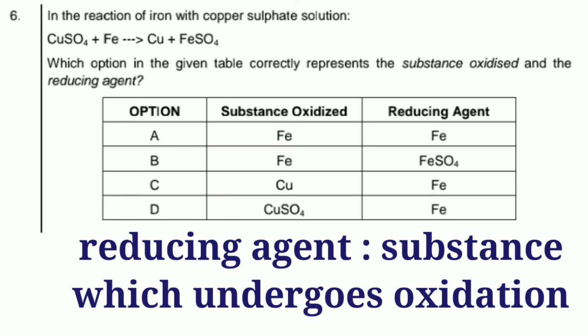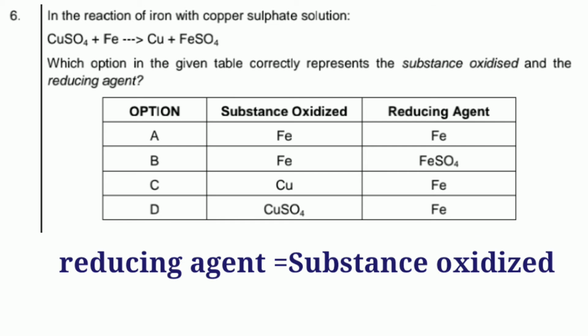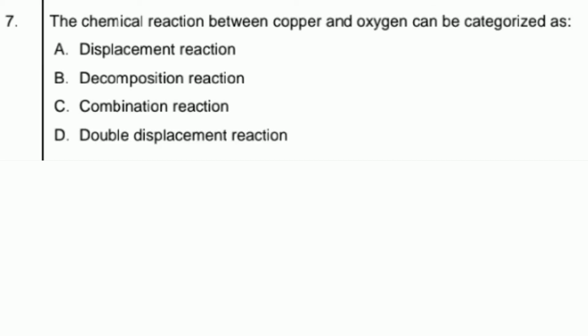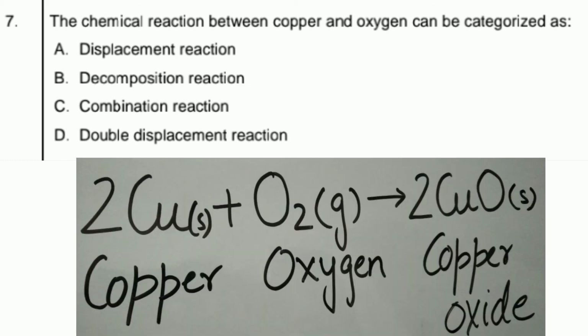We know that the substance which undergoes oxidation acts as a reducing agent, as it is helping the other substance to undergo reduction. So here the reducing agent is iron. So here the substance oxidized is iron and the reducing agent is also iron. Option A is correct.